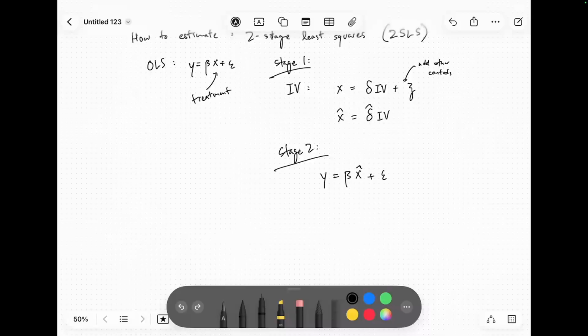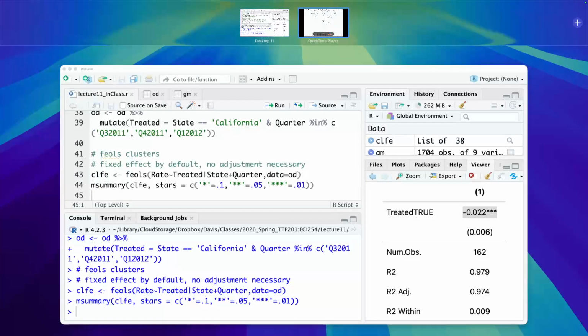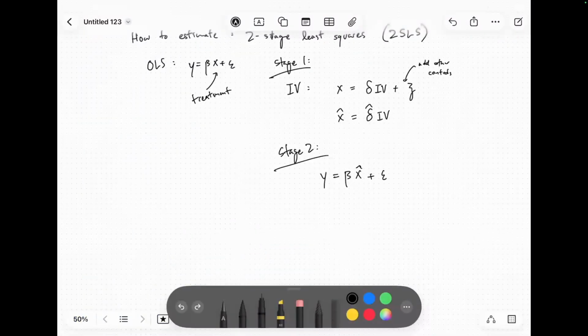Okay, so let's do our example in R. And this one actually comes from data, so I need to put this on Canvas really quick.